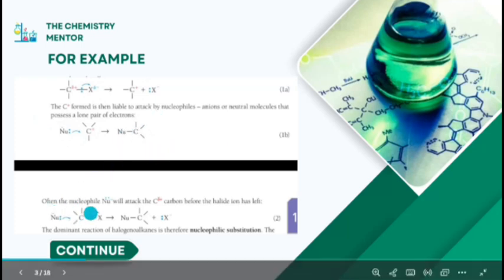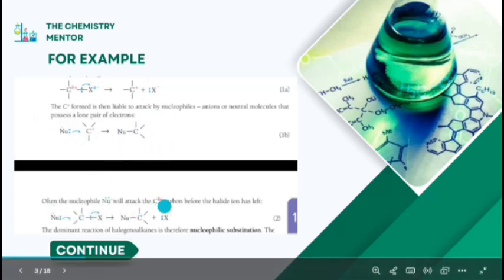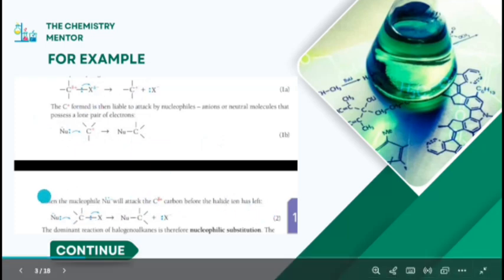So often the nucleophile will attack the carbon before the halide ion has left. We also have another possibility in which the nucleophile attacks first and then the halide ion leaves after the nucleophile attack. In both cases we will have the same product.